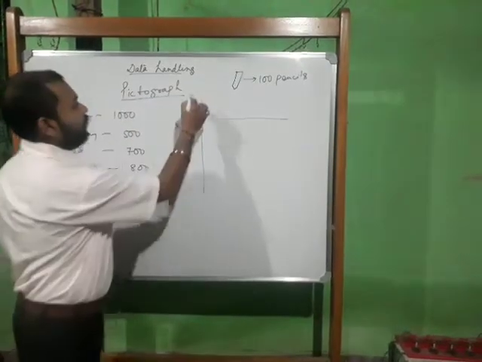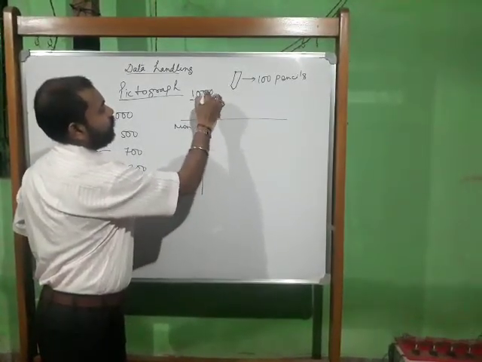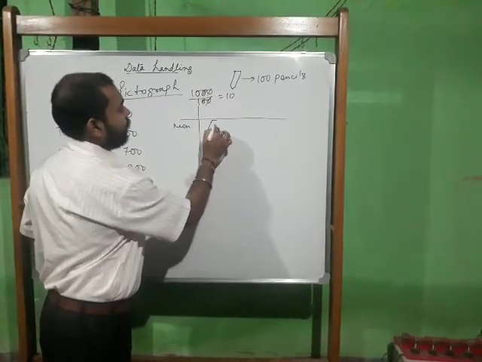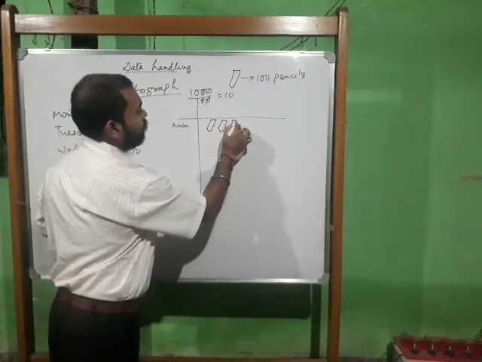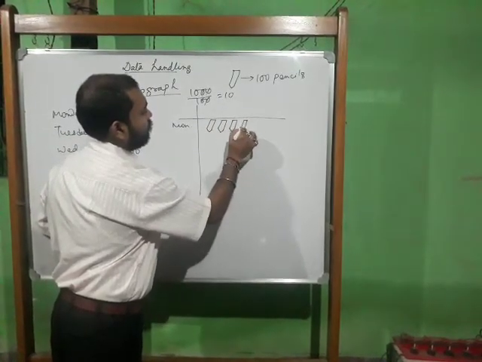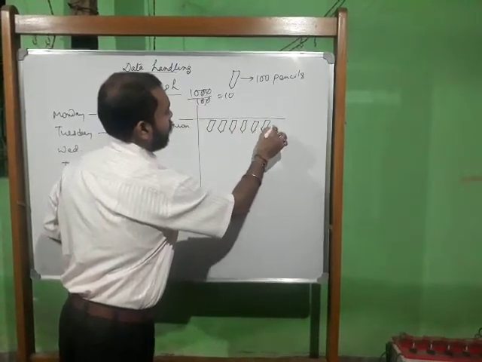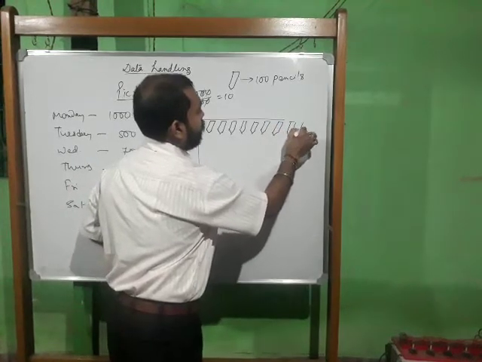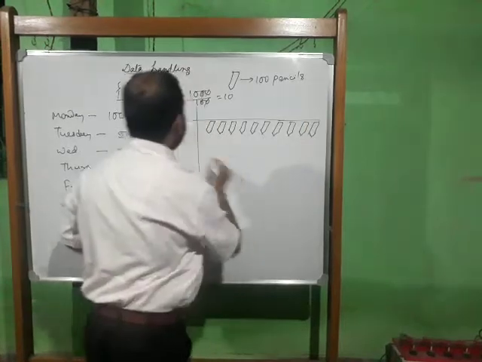You see, 1000 divided by 100, so it will be 10. That means I have to draw 10 pencils. This is 1, 2, 3, 4, 5, 6, 7, 8, 9, 10. So this is Monday.